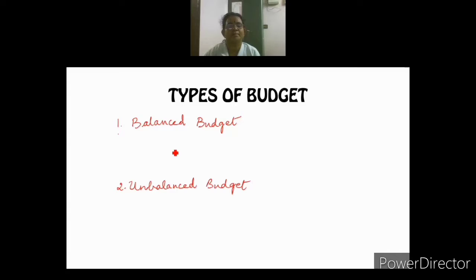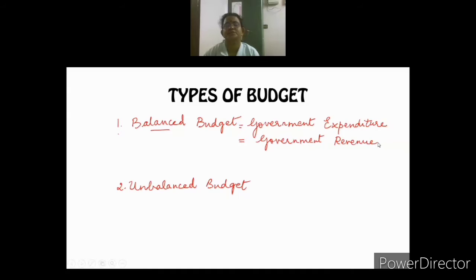So from the word balanced, you can understand that there is a balance of government expenditure and revenue. So the government expenditure is equal to the government revenue.